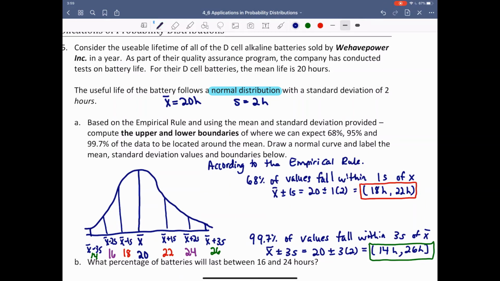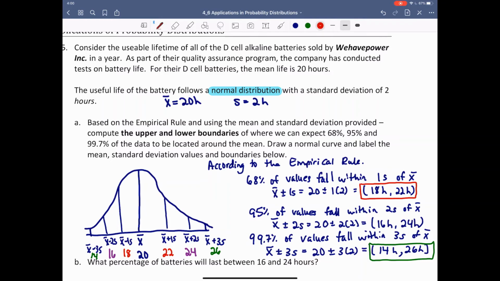And the middle part of the empirical rule, which is 95% of the values, fall within 2 standard deviations of the mean, which is x bar plus or minus 2 times s, 20 plus or minus 2 times 2, which is 16 up to 24 hours.